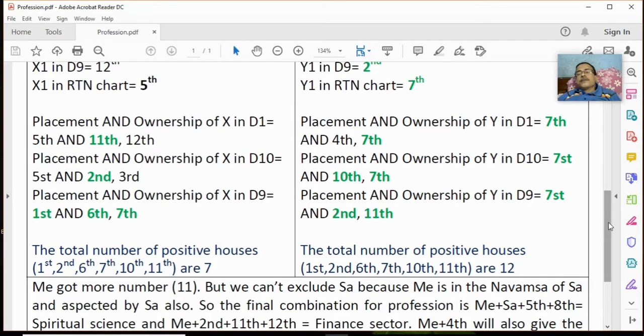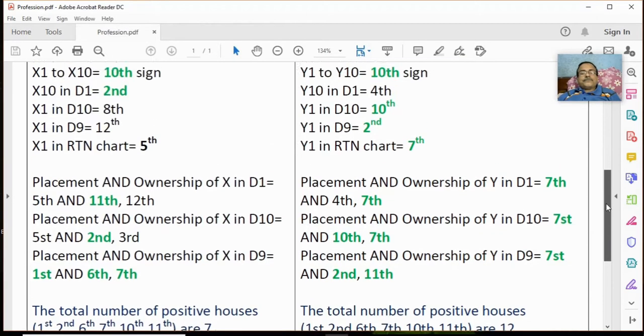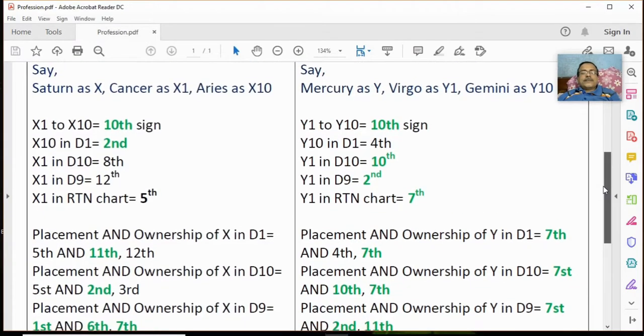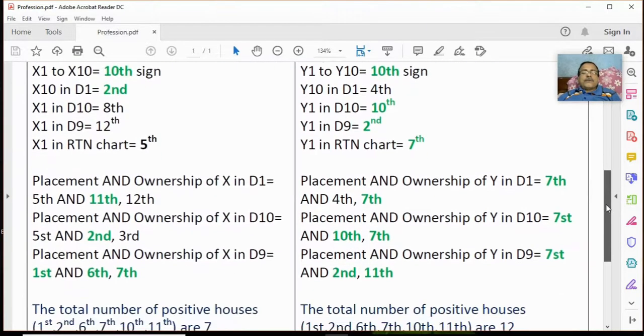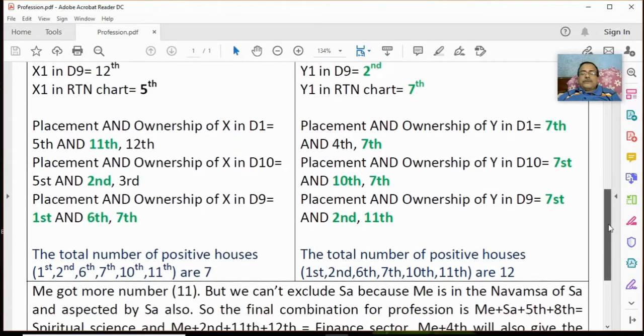Because 7th is 10th from 10th. That's why I also took the 7th house as a positive house. So here the total number of positive houses by Saturn is 7, marked with green color.